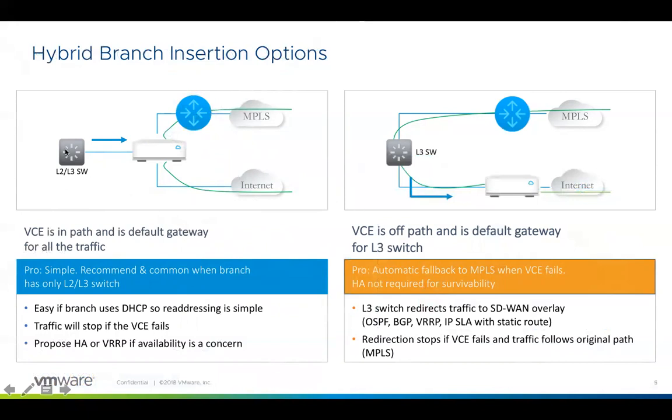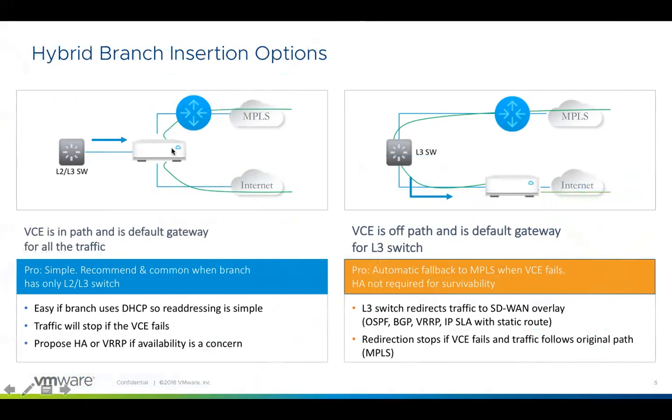For the in-path option, the edge will become the default gateway for the local LAN or local VLANs, and if there are multiple subnets downstream on the L2 or L3 switch, you would just make the interface a trunk between the edge and the downstream switch. And then the edge would hand out IP addressing via DHCP, and it would also be the default gateway.